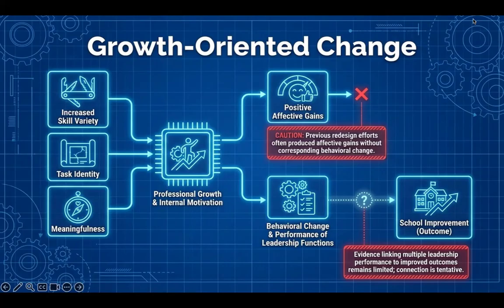Evidence linking multiple leadership performance to improved outcomes remains limited, therefore the connection is tentative. Growth-oriented change can actually happen, but the person involved in the leadership position must be willing to change their behavior.